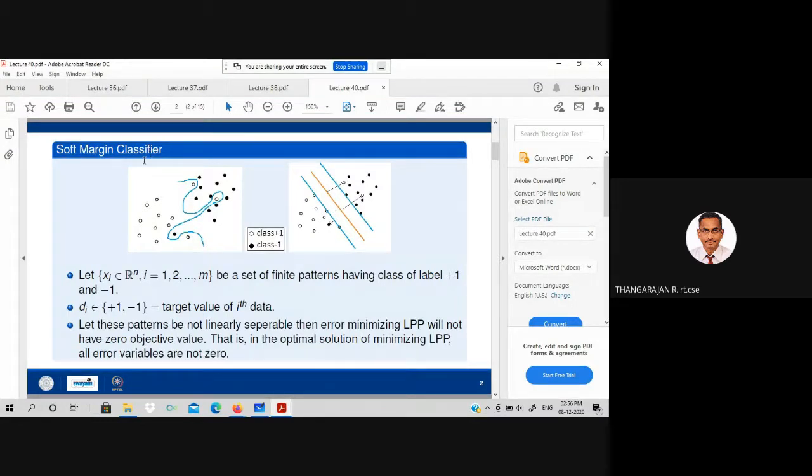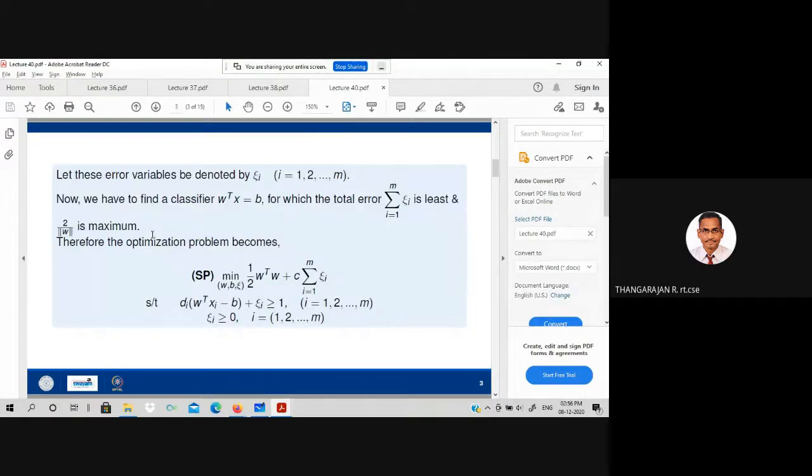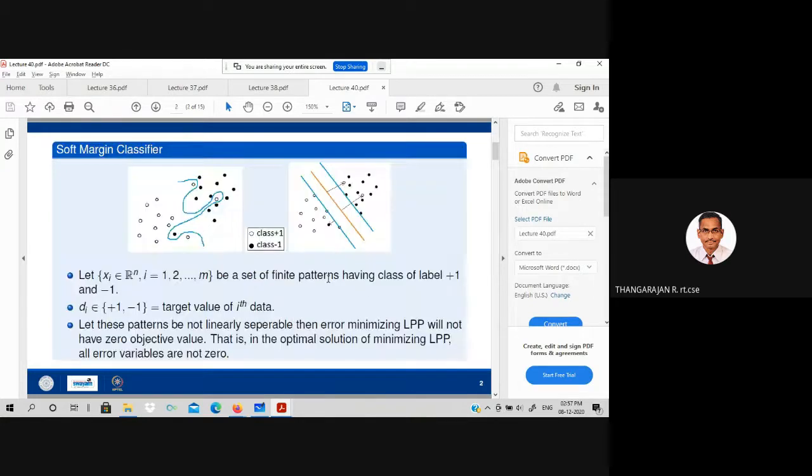So what we try to do here is we try to have this function. This is what our problem is. We want to minimize the error also. We want to maximize the width. This width we have to maximize.